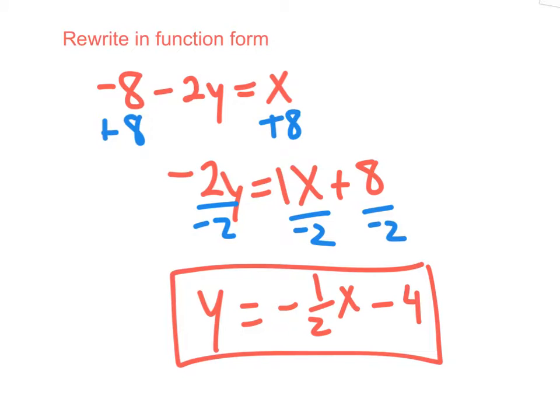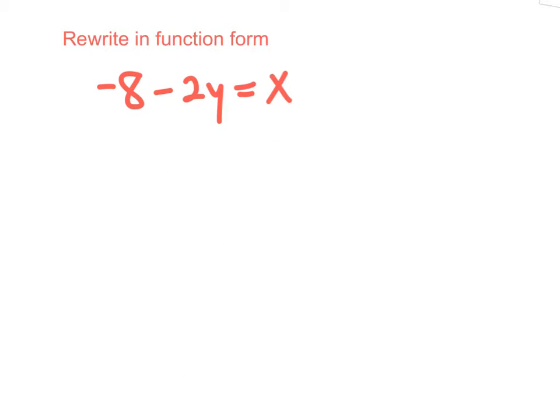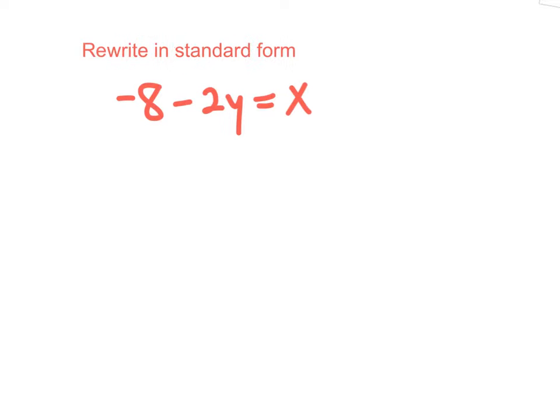Another type of question might not be for you to rewrite it in function form. It might be for you to rewrite it in standard form. So going back to the original one, let me change that from rewrite in function to rewrite in standard. If it says rewrite in standard form, you want ax plus by equals c, and you do not want fractions.